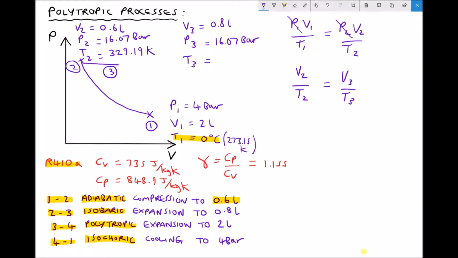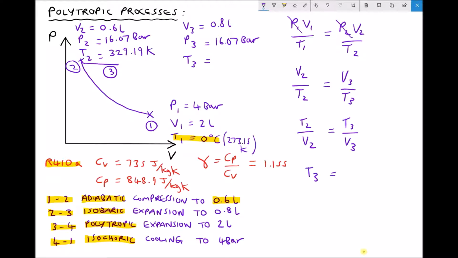Now we're trying to find T3. So the next thing I'm going to do is reciprocate each side of that equation. So instead, I'm going to have T2 over V2 equals T3 over V3. And then the final step is to multiply each side by V3 to get T3 on its own.